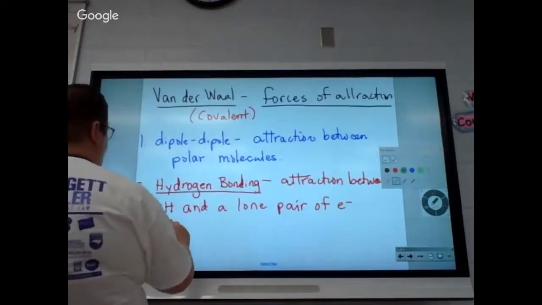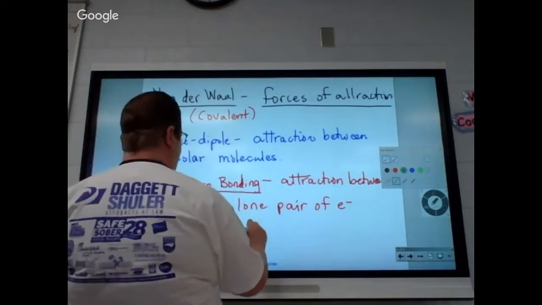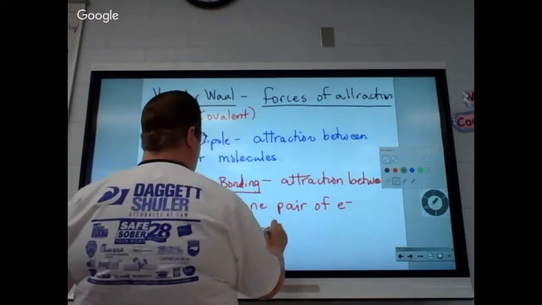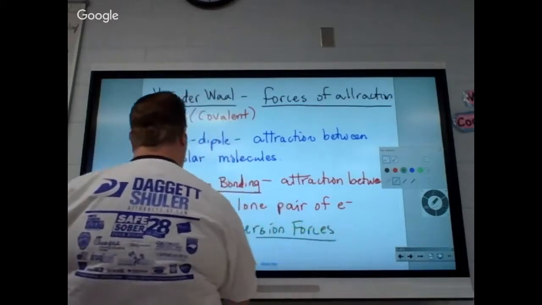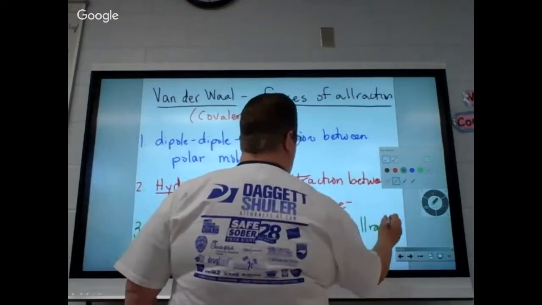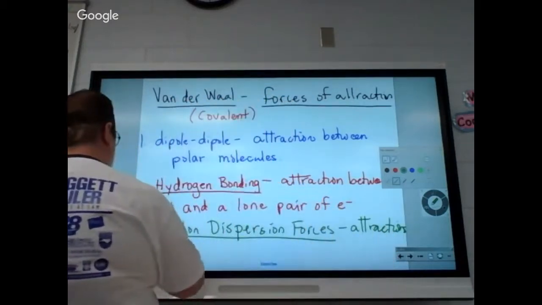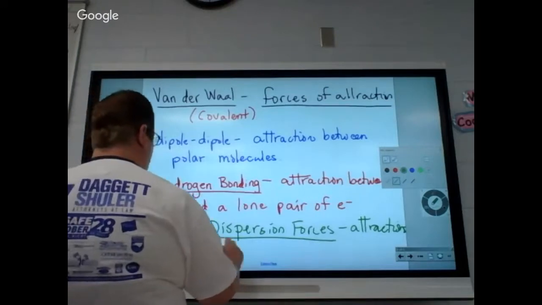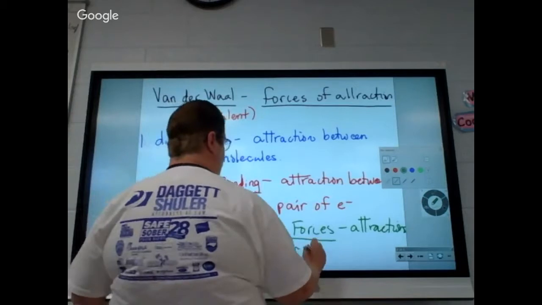And London dispersion forces are attractions between nonpolar molecules.